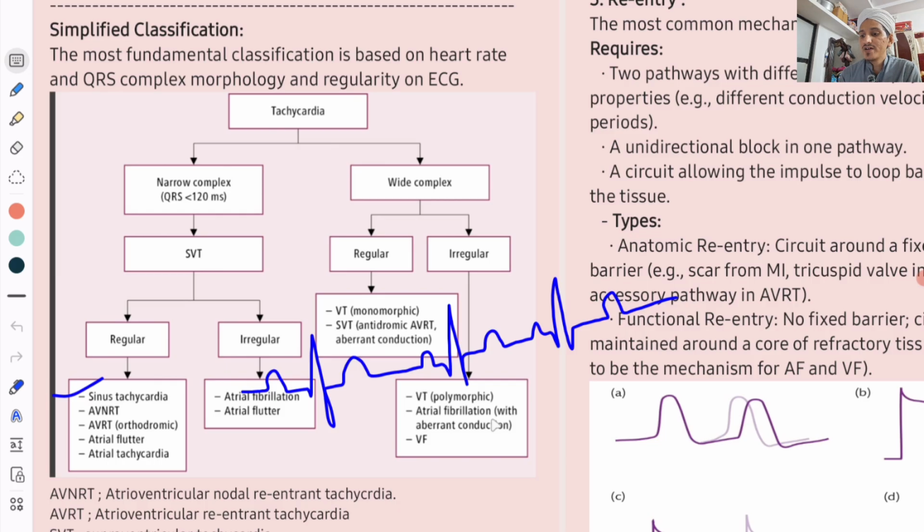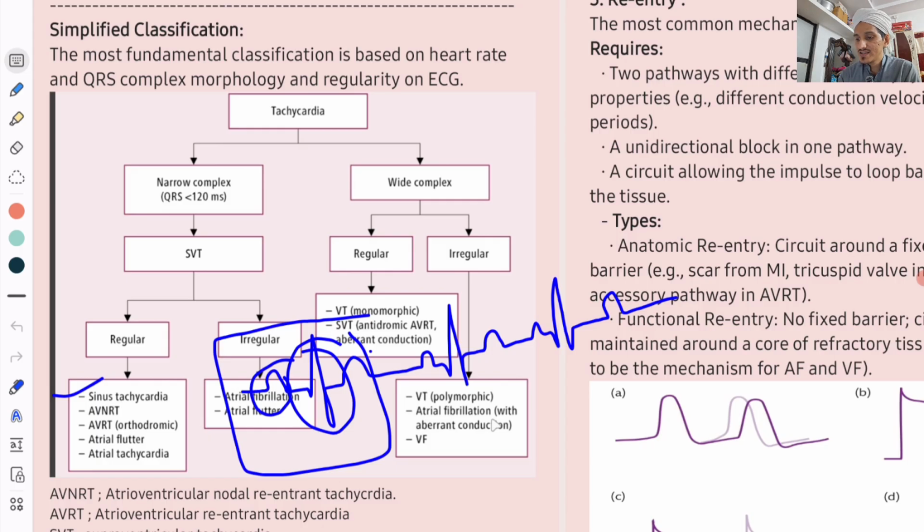So every P wave is followed by a QRS complex. That means the impulses are generated from the SA node. So that is sinus tachycardia. When this pattern is not followed, then it is not sinus tachycardia.